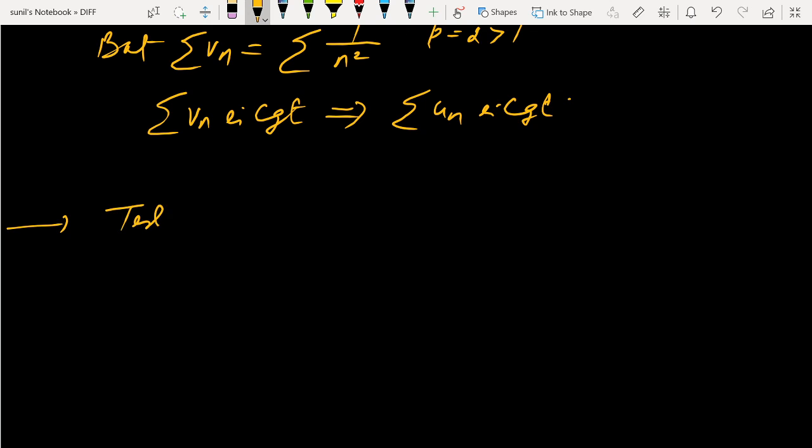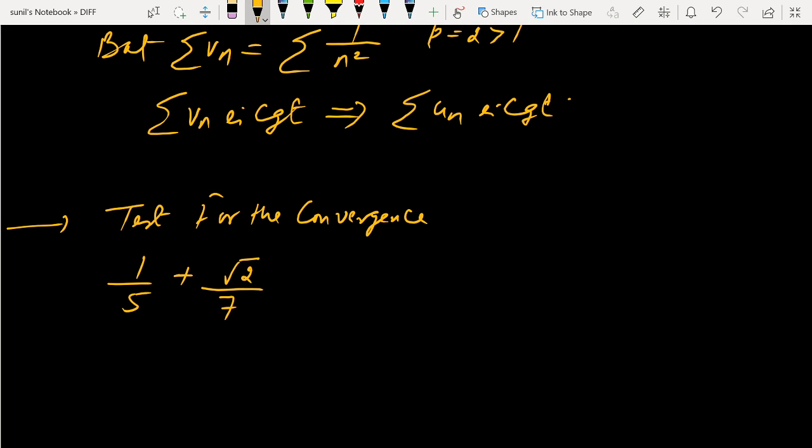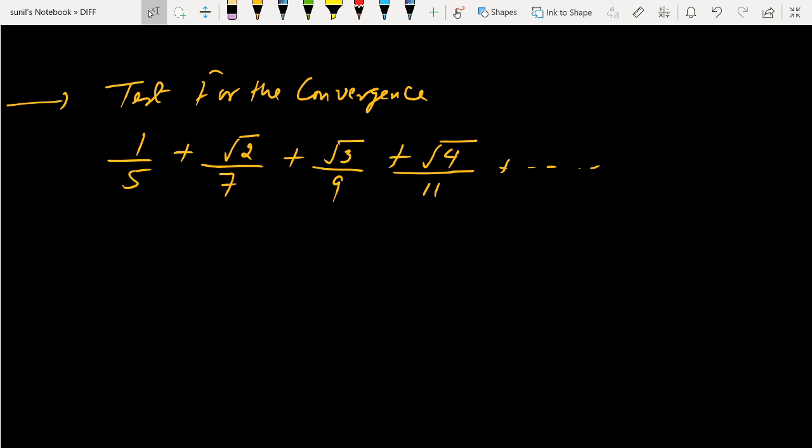Test for the convergence of 1 by 5 plus root 2 by 7 plus root 3 by 9 plus root 4 by 11. Now the first task is to write its nth term.